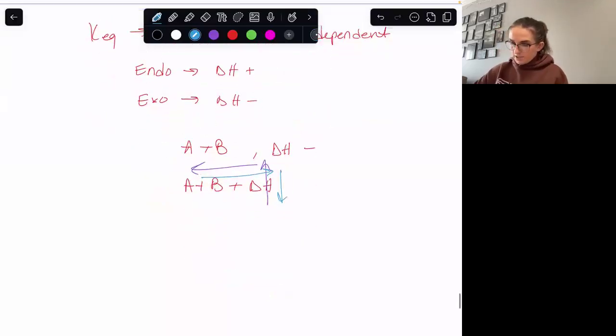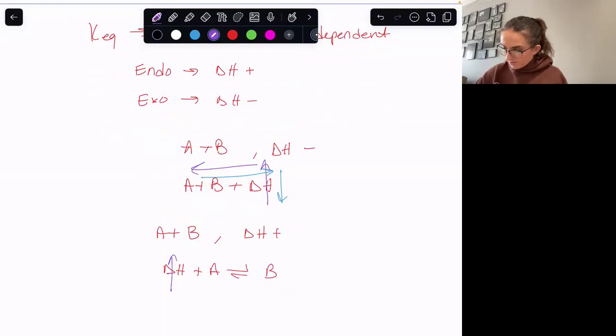The opposite is for exothermic. So if we have A plus B, but its delta H is positive, excuse me, then that means we actually have delta H plus A goes to B. So this time, if we increase temperature, we go towards products.